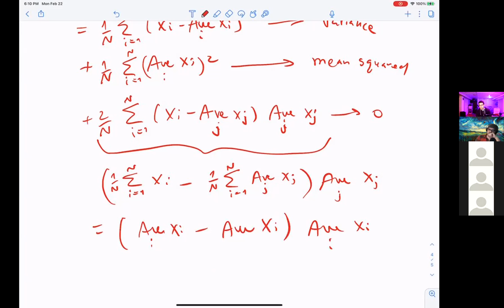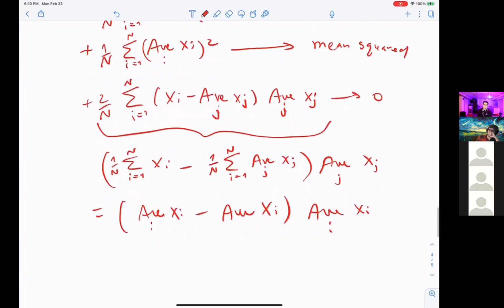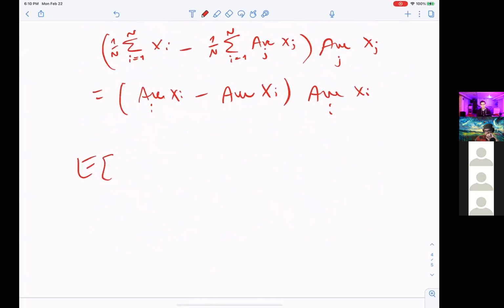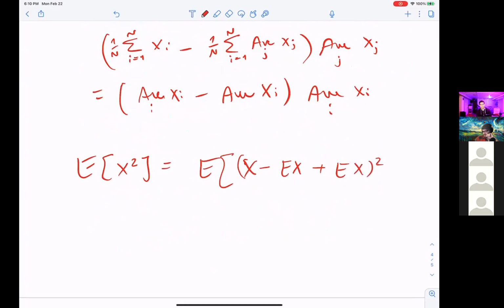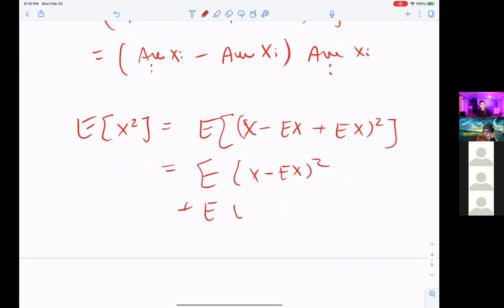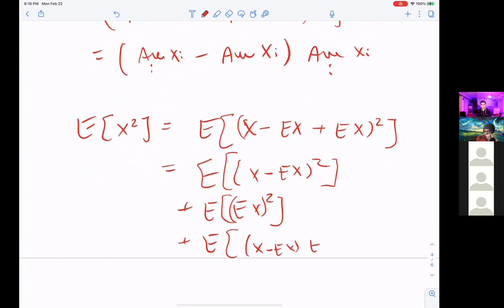You can also do this in continuous probabilities. The expectation of x squared is equal to the expectation of (x minus expectation of x) squared plus the expectation of x squared, plus the expectation of (x minus expectation of x) times the expectation of x.